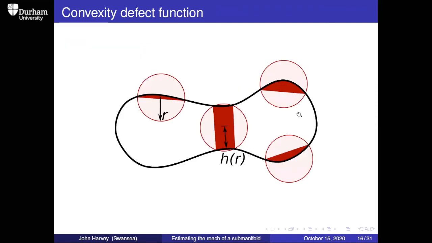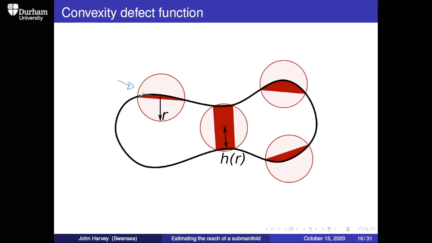Here's a picture. I've dropped 4 balls of radius r onto my manifold. You can consider the piece of the manifold that lies inside the ball to be sigma, and then we've got the hull of sigma for each one of these. Over here, in the top left, this part of the manifold is very flat.